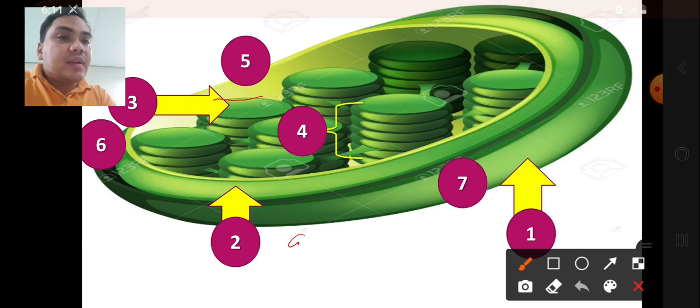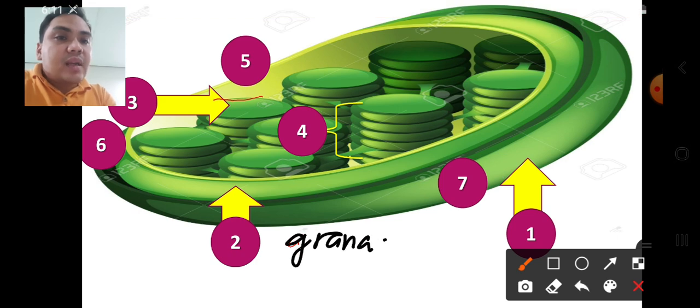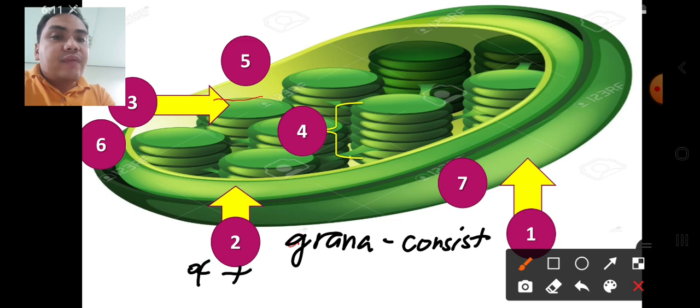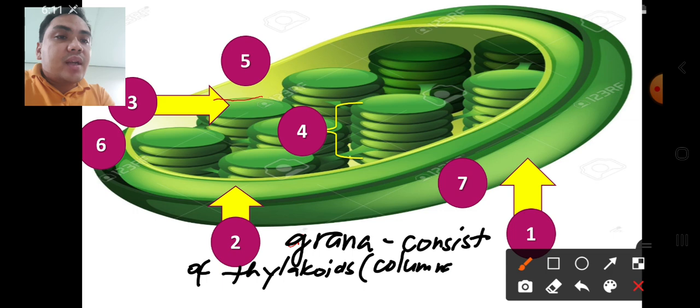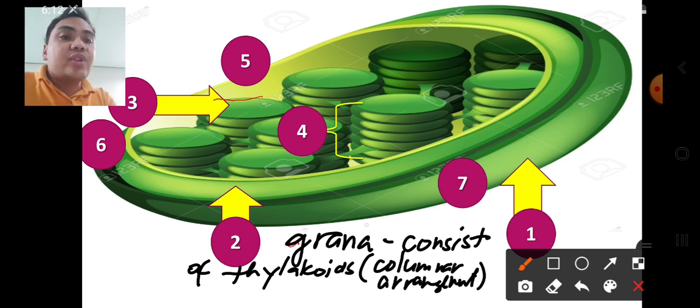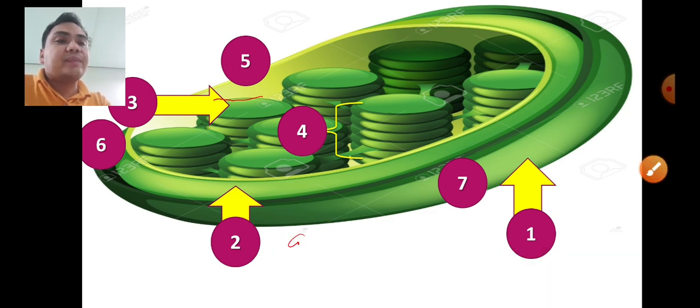So the grana consist of thylakoids arranged in a columnar order. Grana is the plural, granum is the singular. This is the fourth part in our illustration.